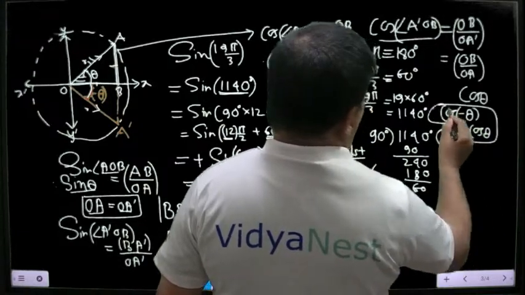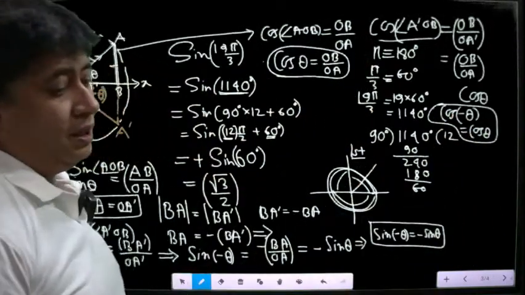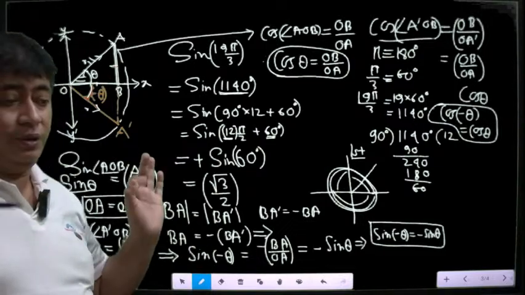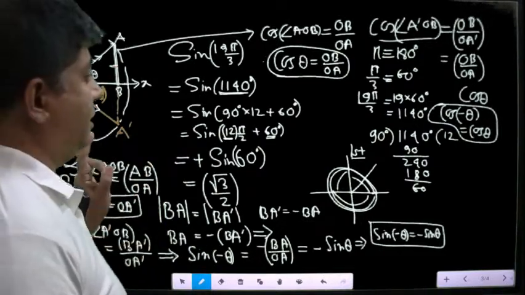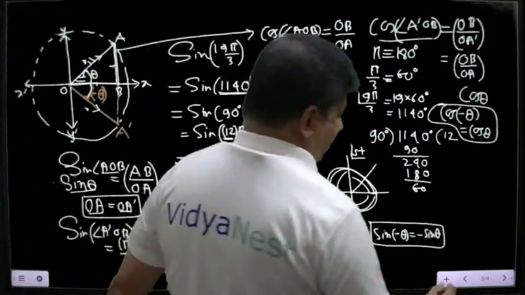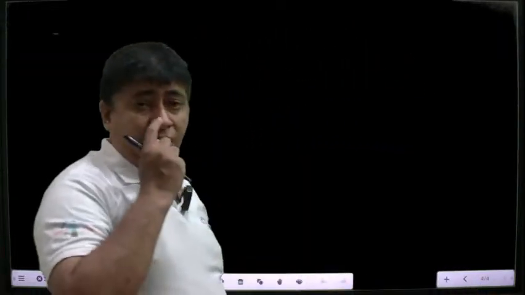So in case of cos, minus will be absorbed. Now it will be applicable for other trigonometrical ratios also.